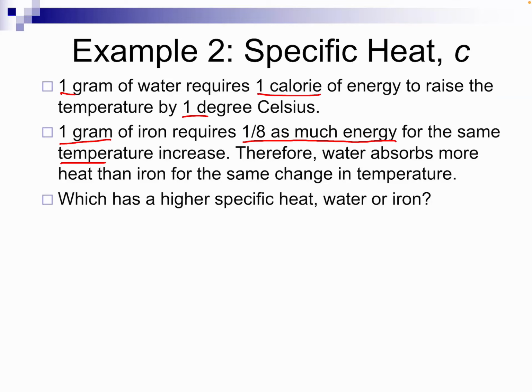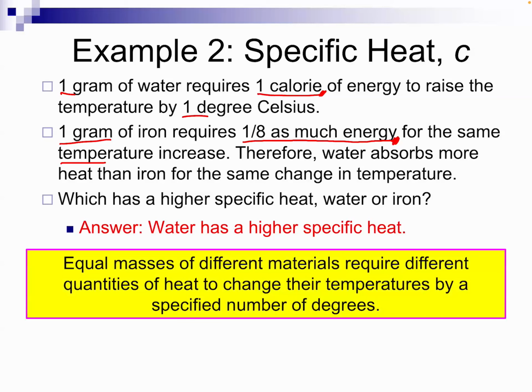Yeah, water, right? So the higher the specific heat, the more difficult it is to change that substance's temperature, and therefore that object will need more energy in order to change its temperature by the same amount as the other substance.